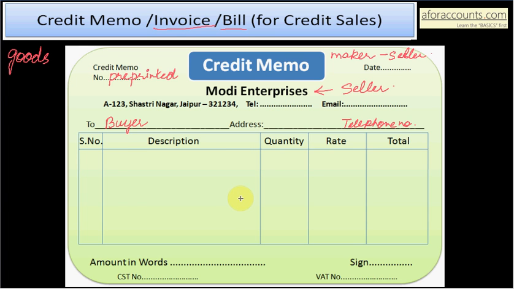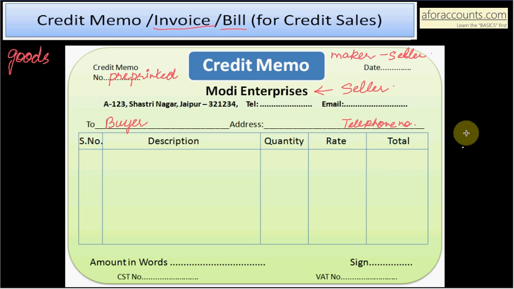The duplicate copy will be kept by the seller, on basis of which the accountant will record the journal entry of credit sales in his book, and the original copy will be given to the buyer to record the information in their book.